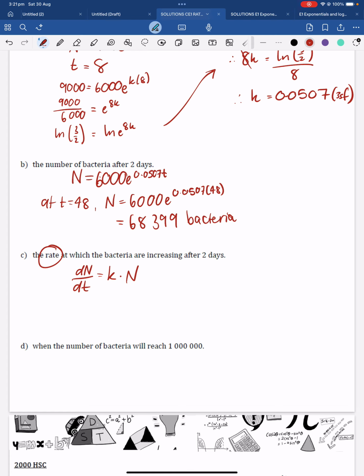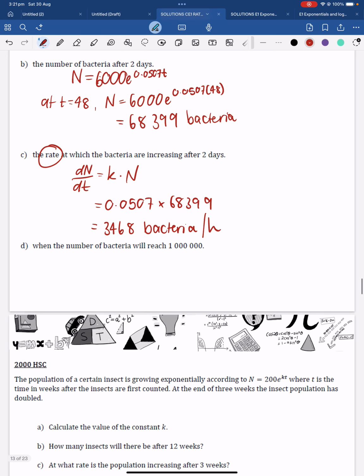N being the number of bacteria after 2 days, which we just worked out above. So then we get our k value. And that's it per hour.